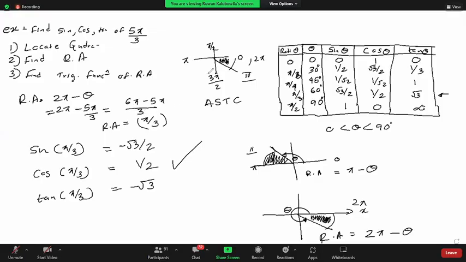Then we have to think about which quadrant theta is located in. Then we can put negative or positive signs in front of the values that come from the reference angle. Then we can give the answer for the questions. So very simple. Right? In this way, we can find the values for any theta.